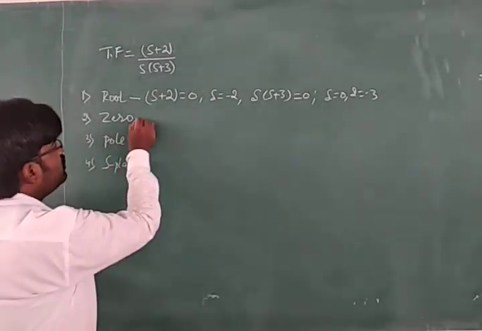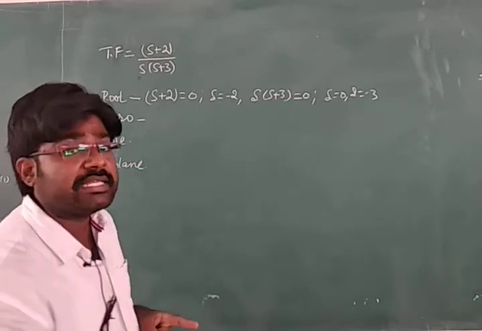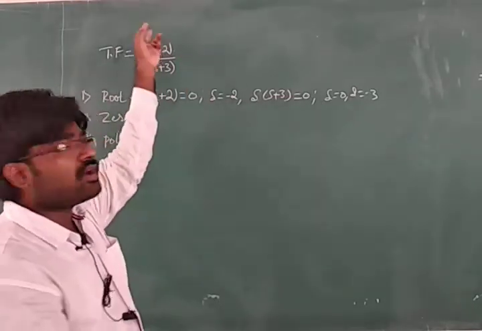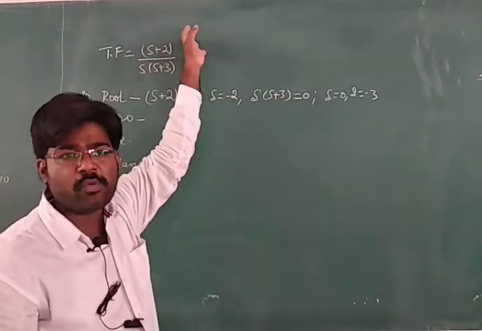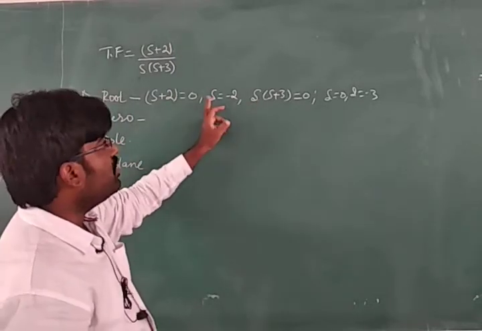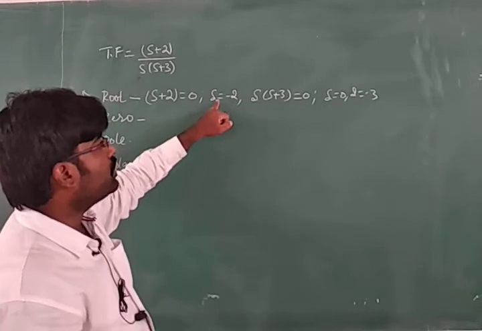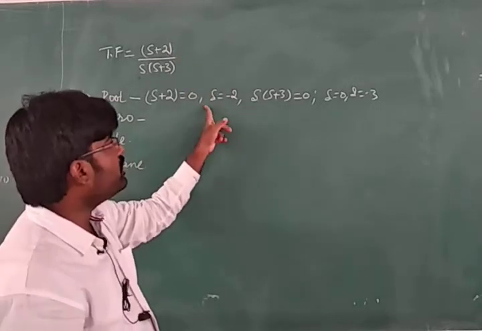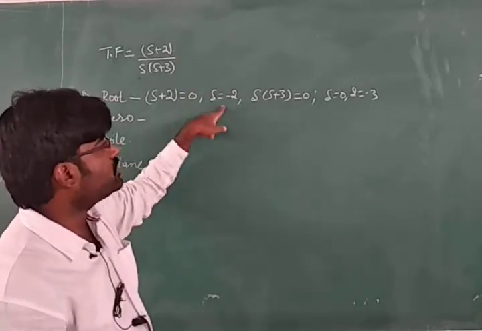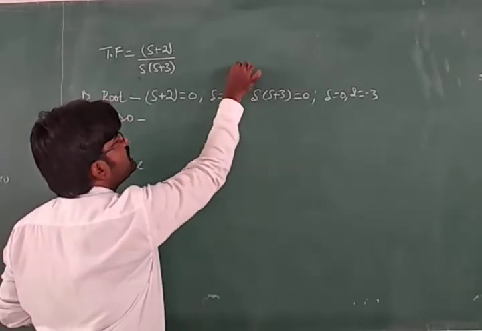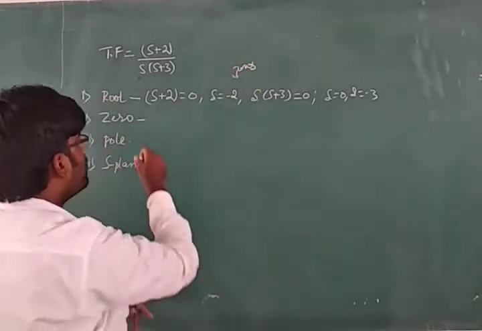Now let us come to zeros. What do we mean by zero? The roots of the numerator are called zeros. So how many roots are there in the numerator part? Only one root, at S is equal to minus 2. So this represents a zero.